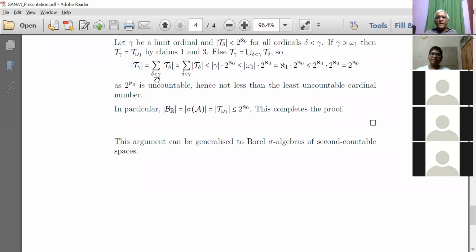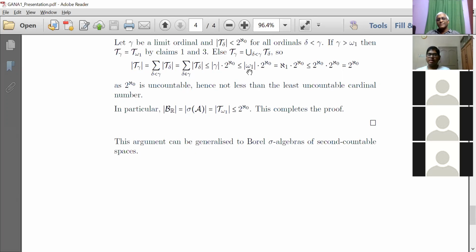We recall that the order is just set membership. Accordingly, this is less than or equal to the cardinality of gamma times the cardinality of the real numbers. Since gamma is less than or equal to omega 1, the cardinalities have the same order relationship, so this is at most the cardinality of omega 1 times 2 to the power aleph naught.